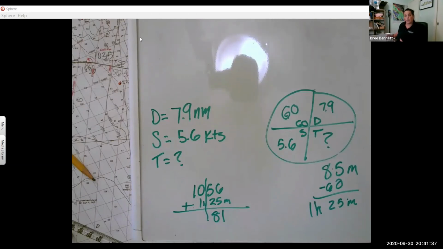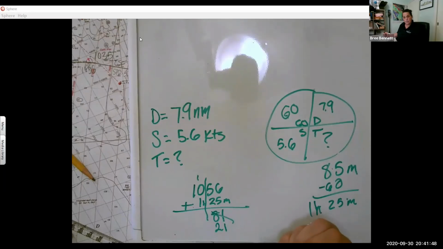We can't have 81 in a time. So we have to subtract 60, and that gives us 21, and we're carrying the 1 on the hour side. So we have 10 plus 1 and another 1 gives us 12:21 as our ETA.